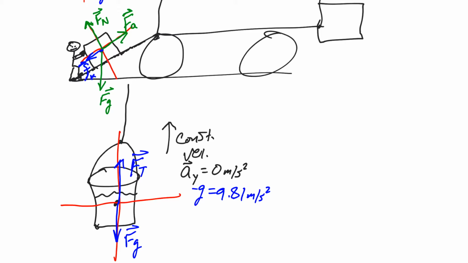That's a number larger than negative 9.81, which means that the tension force here needs to be a bigger arrow than the gravity force. So the bucket is actually moving up. If the bucket weren't moving up, then the tension force arrow and the gravity arrow would be the same size. They would just be pointing in opposite directions. Okay, let's do another one.